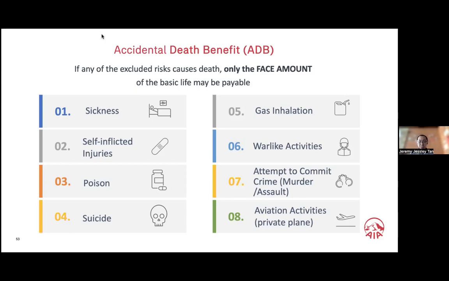Aviation activities, particularly via private plane. Hindi rin yan counted. Meaning, if the insured dies due to these things, walang accidental death benefit na ipipay out. Okay. Clear ba yun? Klaro ba yun? Klaro, klaro.